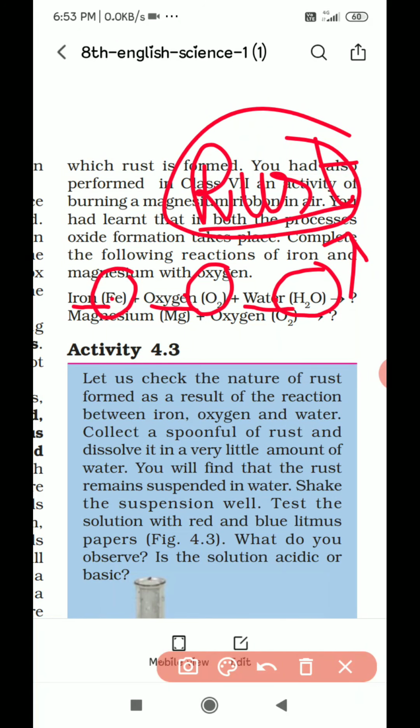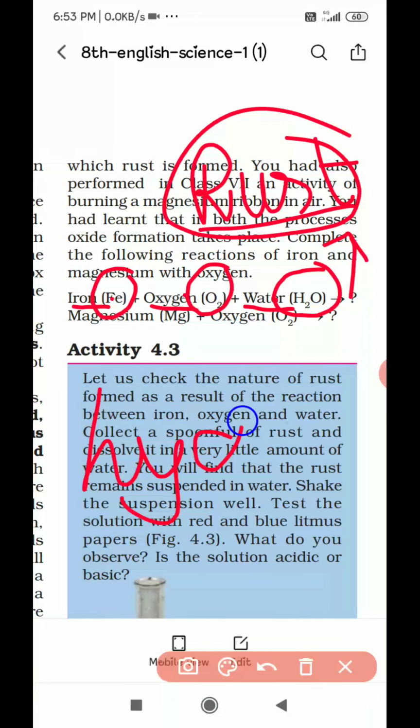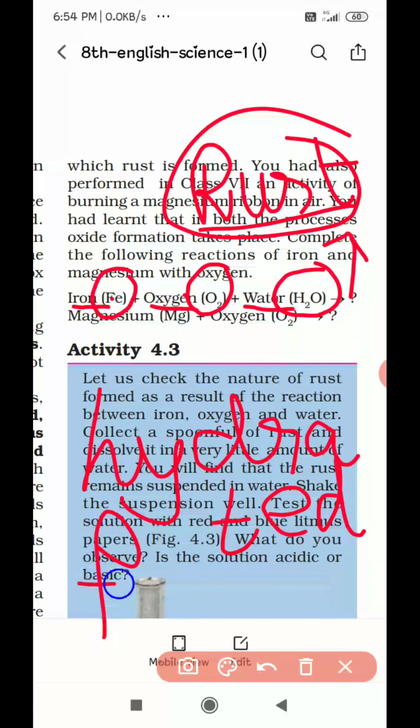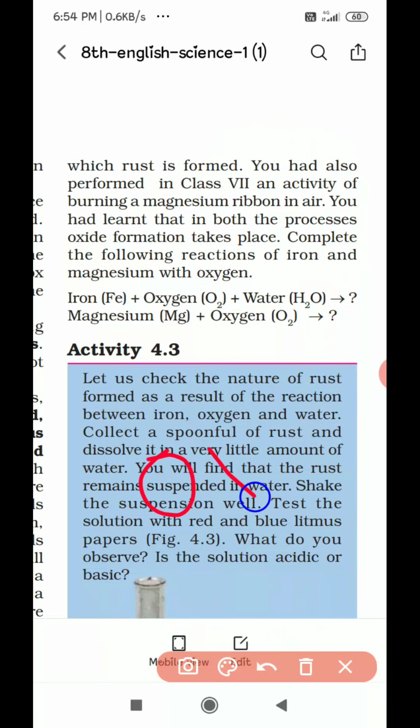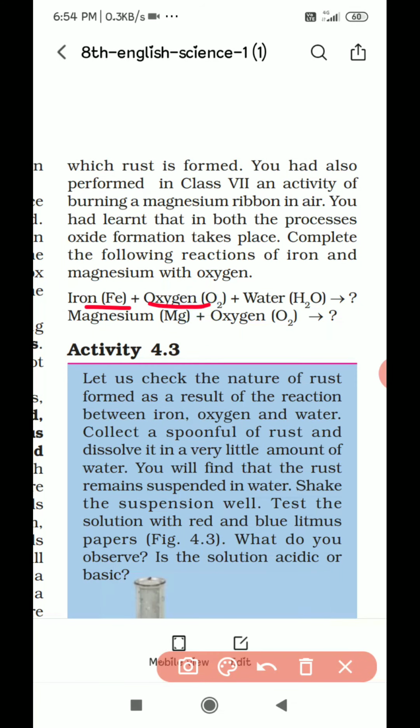Rust is also called, please make a note as a running note, hydrated ferric oxide. Rust is also called what? Hydrated ferric oxide. So when iron reacts with oxygen and water, it forms rust, and that rust's nature is basic.